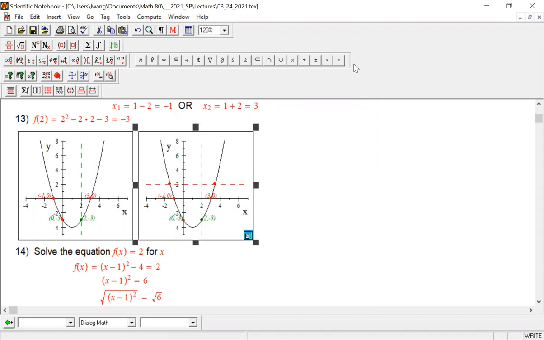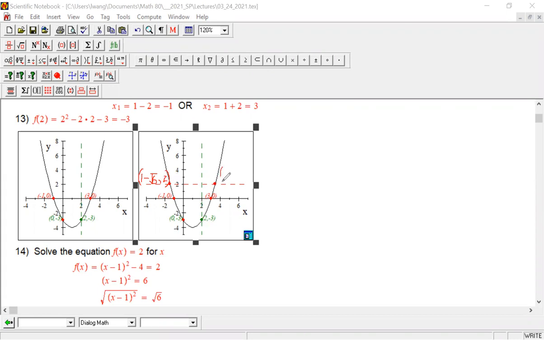Okay, I'm going to use the software to mark it because with square roots present, it's not going to be very nicely done with Scientific Notebook. So this is (1 minus root 6, 2). Okay, that's for this red dot.